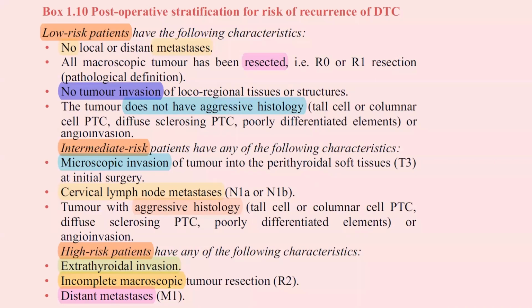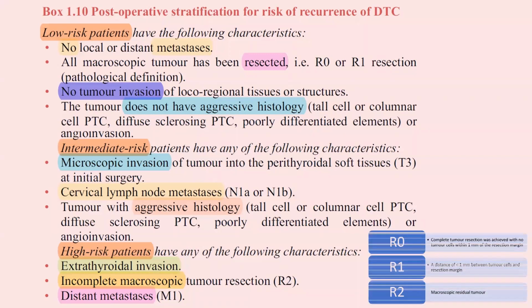classified as low risk? If there is no local or distant metastasis, and all macroscopic tumor has been resected, which means R0 or R1 resection, and this is a pathological definition. I will mention what they mean by R0, R1, and R2.